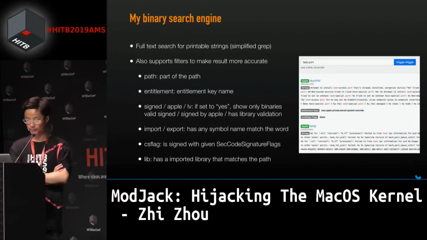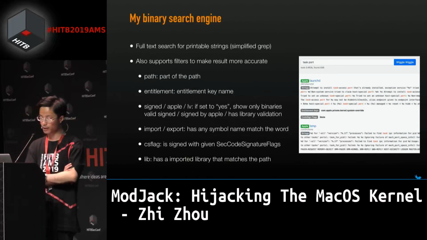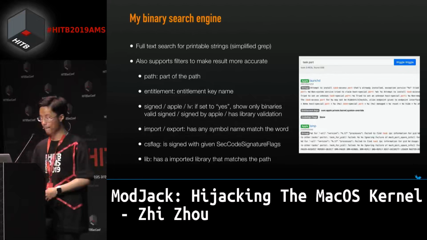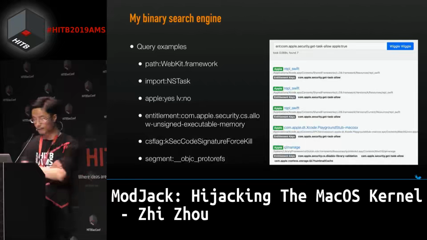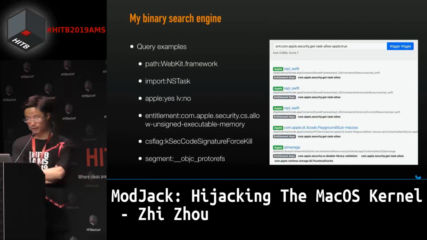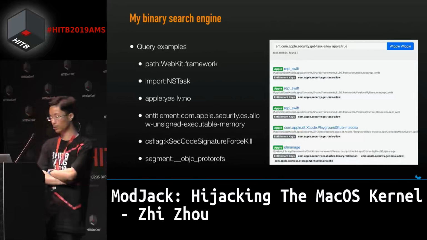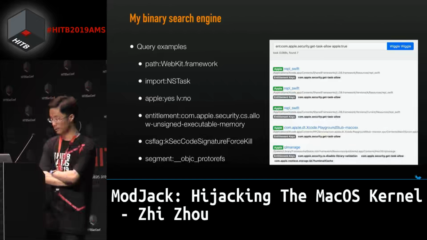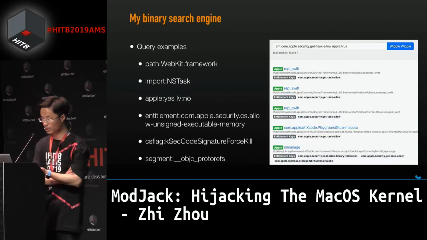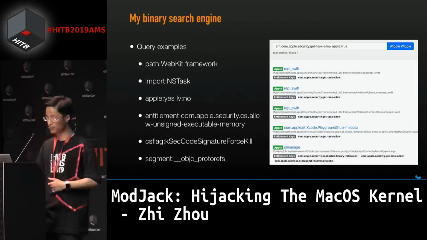You can locate them with these filters. Here are some examples: searching for binaries where the path includes WebKit or framework, or that have imported a certain symbol such as task, or are signed by Apple, or have some special entitlement or some special segment.